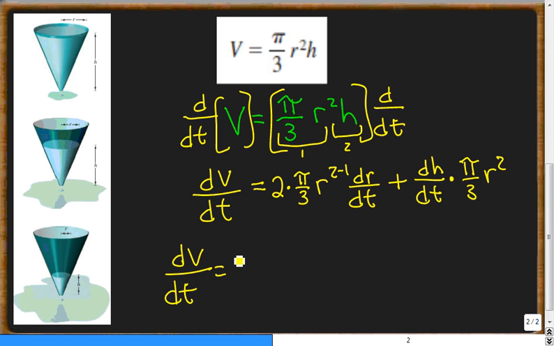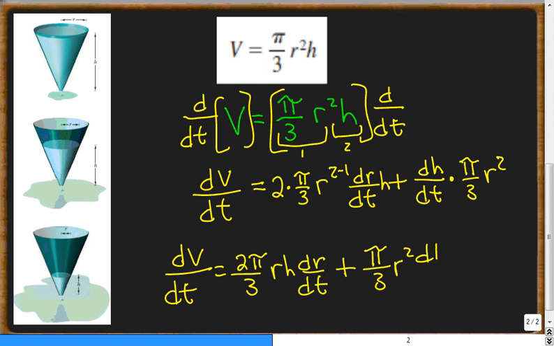So you can see here that we've got 2 pi over 3 times r times dr/dt times h, which I'm going to rewrite here, and then I'm going to add onto that pi over 3 times r squared times dh/dt.